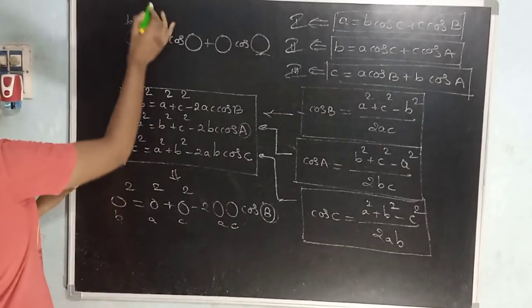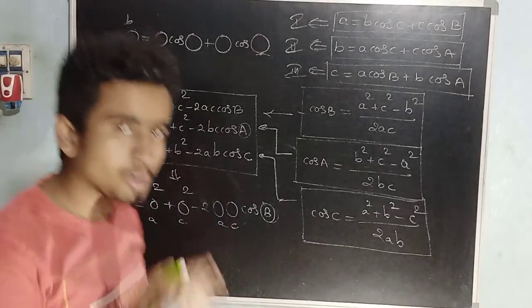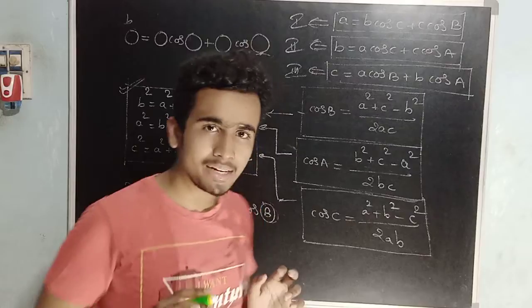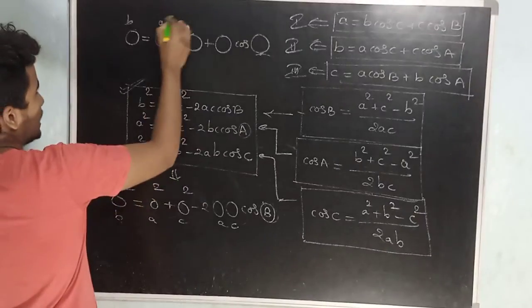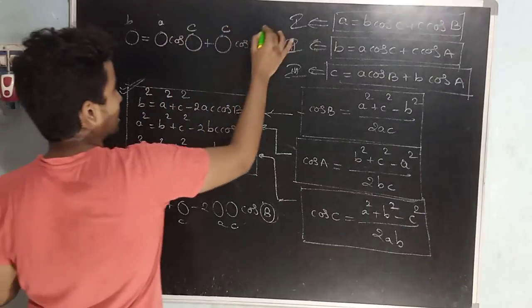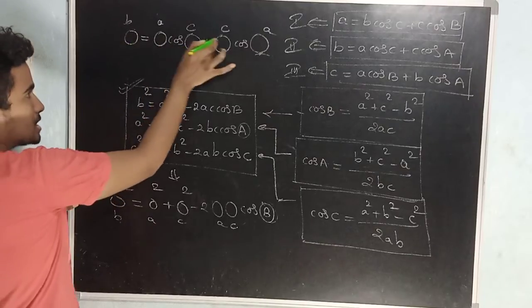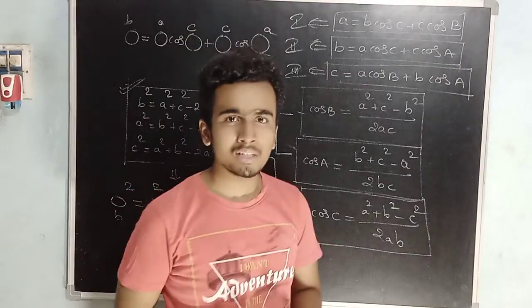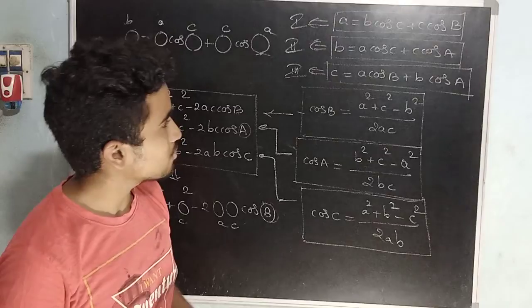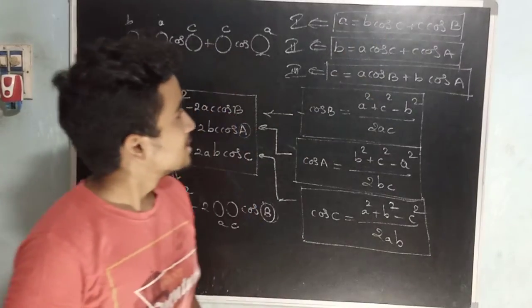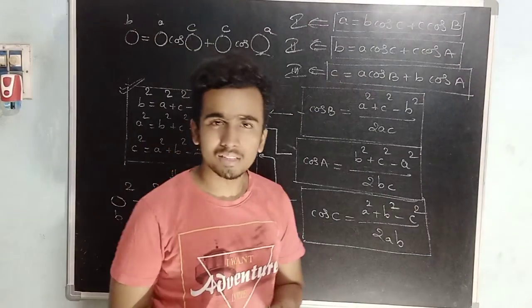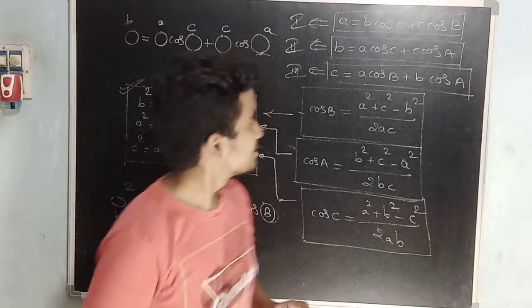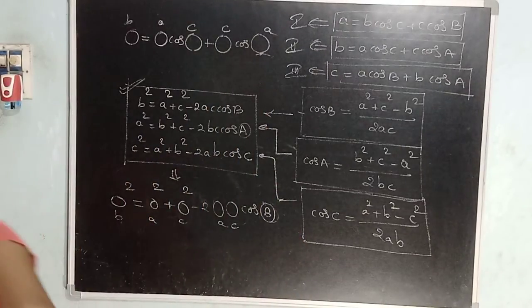Okay, let me consider b. Here we took b. Remaining are a and c. So a, c, c, a. B is equal to a cos c plus c cos a. That's it. It's not a matter to remember this formula. These are easy to remember. Simple.